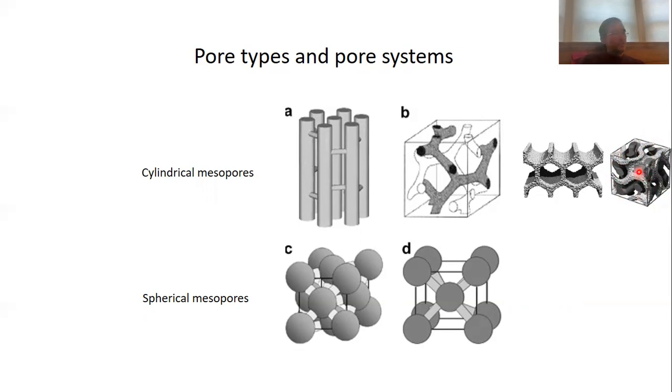The other possibility is that we have spherical mesopores, and these spherical mesopores can then be arranged in different ways. Very common are close packed structures of these spherical mesopores. We know, for instance, mesopores that pack in a face-centered cubic close packed structure, and mesopores that pack into a body-centered cubic close packed structure.